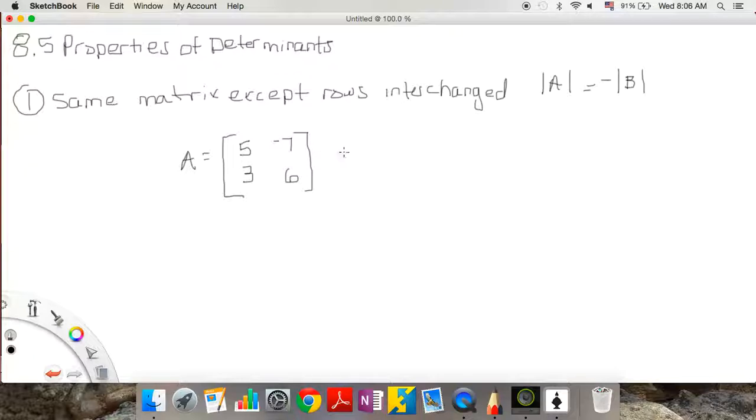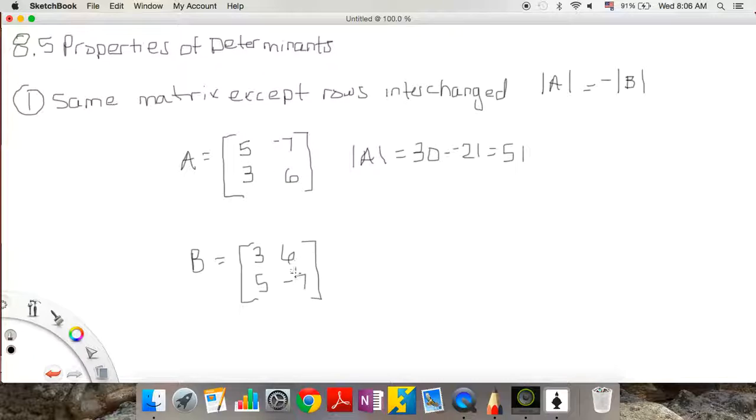So if we have this as A, then our determinant, remember, multiply the diagonals and subtract, so 30 minus negative 21, so that's 51. And for B, the rows are switched on this one.